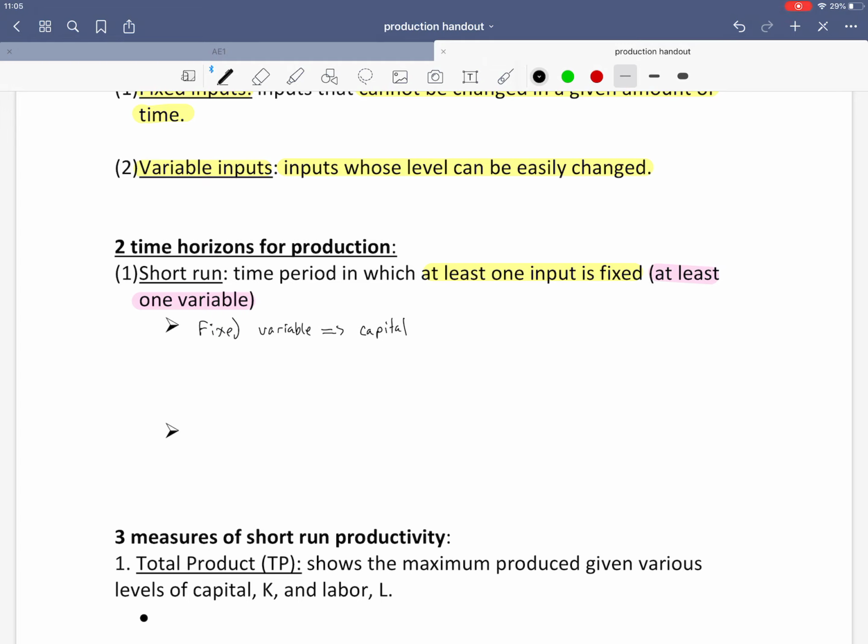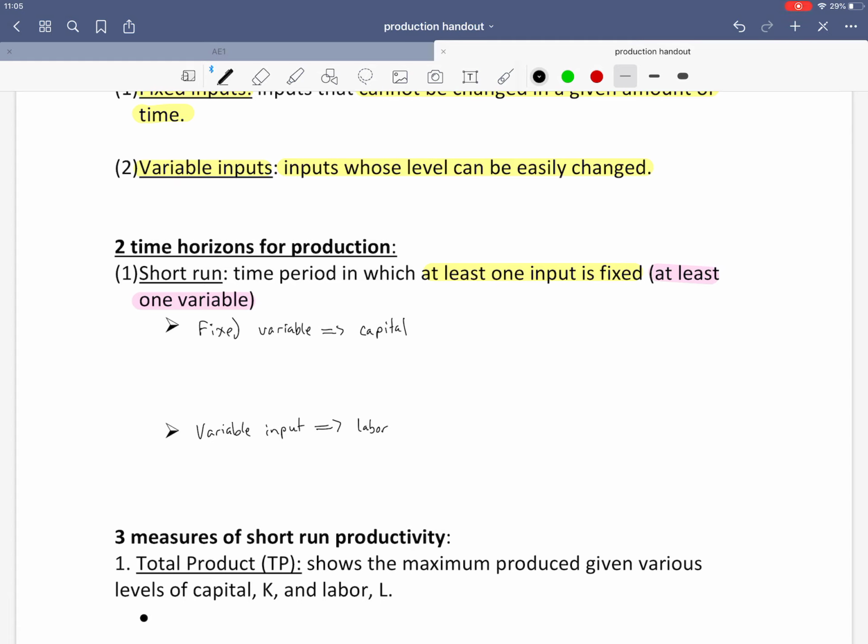And then we're also going to assume that our variable input is going to be labor. So firms can easily have their workers work additional hours or less hours as needed, which makes our labor variable.